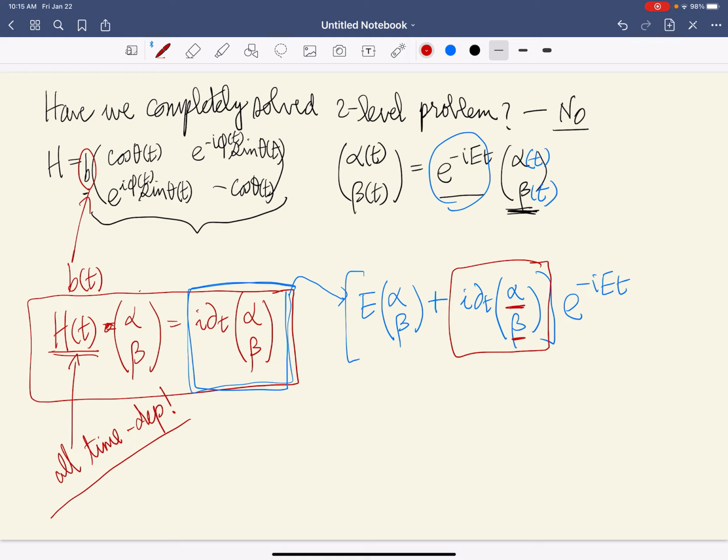Okay, so the bottom line is that you cannot solve the most general two-level problem except when the explicit time dependence in the Hamiltonian is missing. So if you don't have an explicit time dependence in the 2 by 2 Hamiltonian matrix, then everything I have been saying to you works and you have a perfectly complete solution at your disposal, with all that Bloch sphere interpretation and so on.